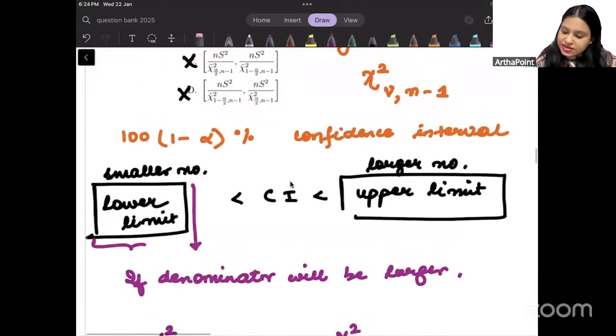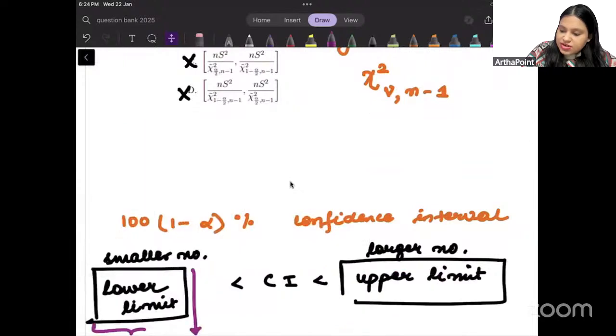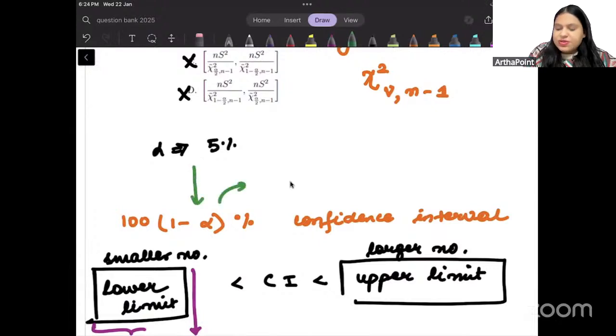Now, suppose I take alpha to be 5%. So what will I get here? 5% means 0.05, so I am making a 95% confidence interval.